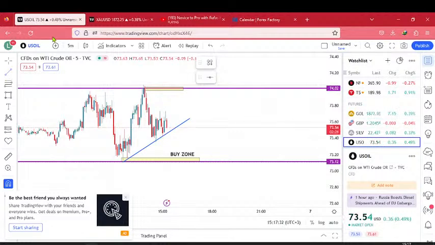So between MT4 and MT5, which is better? Of course, it's the MT5. The MetaTrader 5 trading platform is a modern version of the MT4. It's like asking which one is better between, let's say, Windows 10 and Windows 7. Of course, it's Windows 10 because it comes with more features and it's more updated. So this particular series is based on the MT5.